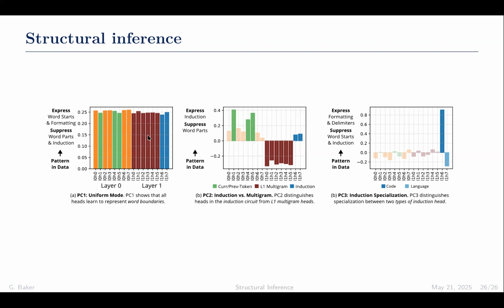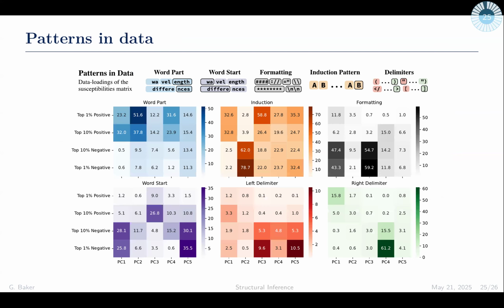That's what we see here. A lot of the variance is made up for by PC1. And if we go back and look at PC1, PC1 is basically expressing word starts, suppressing word parts, and expressing formatting.